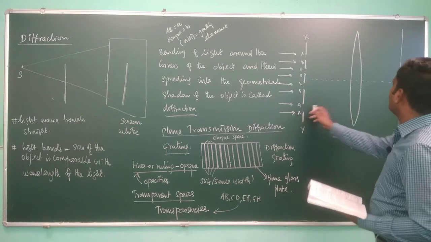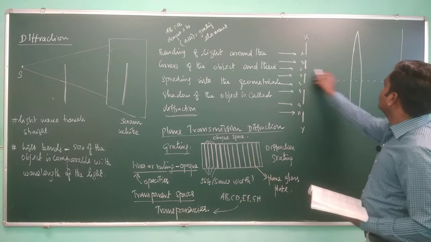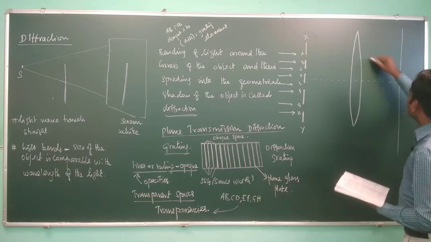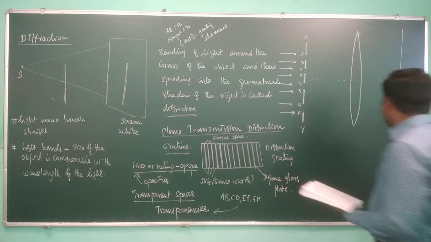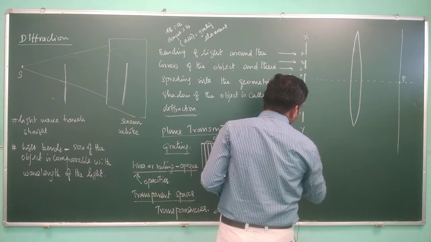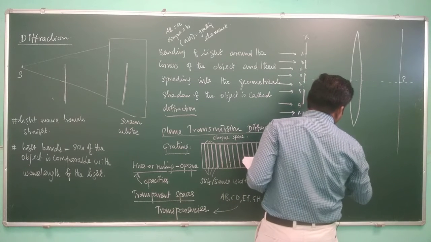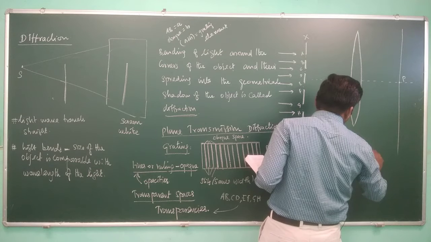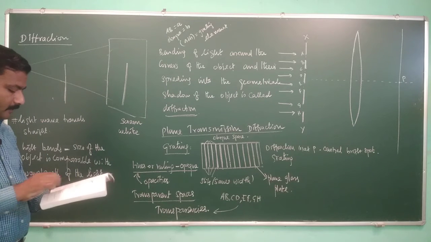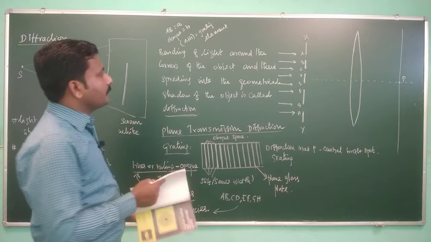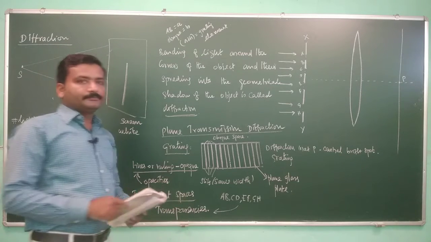All the light travels in a straight line like this, and it is focused to point P. So at point P, case 1, a central bright spot will occur, as most of the light rays are traveling straight.